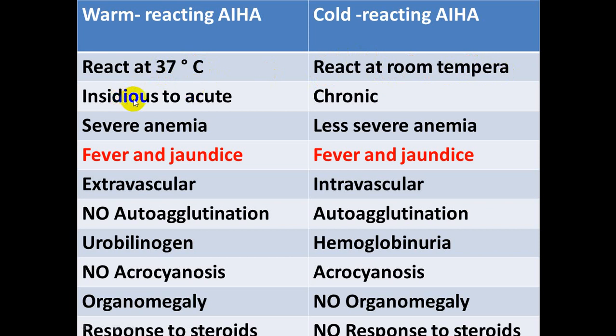The onset is insidious to acute in warm and chronic in cold reacting. In warm reacting there is severe anemia, while in cold reacting antibodies there is less severe anemia. In both, there is fever and jaundice.